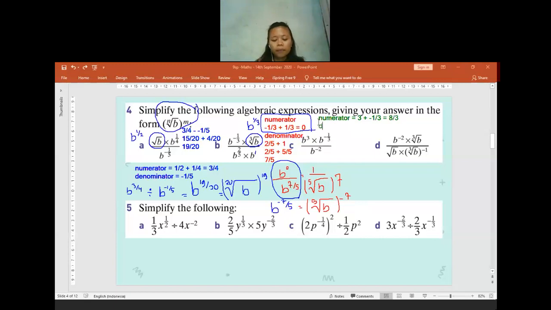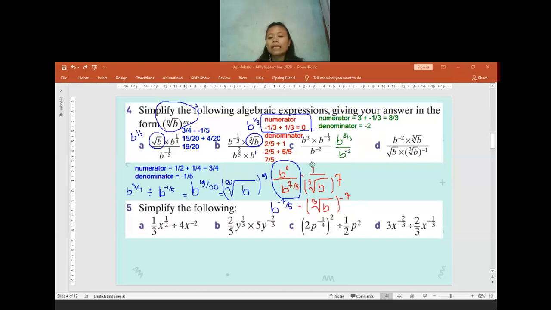And then for the denominator, we will have it as negative 2 still. So in the end, we will have b to the power of 8 per 3 divided by b to the power of negative 2. This is division, so we can simplify the power.